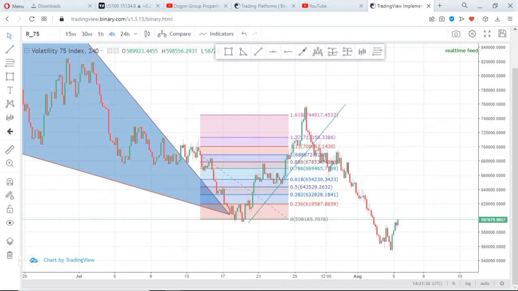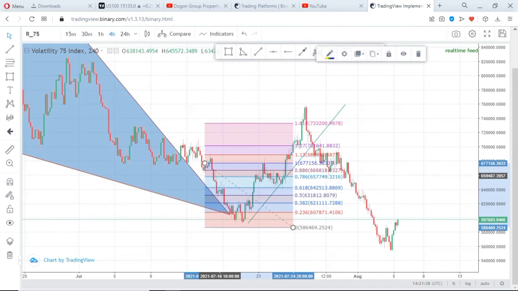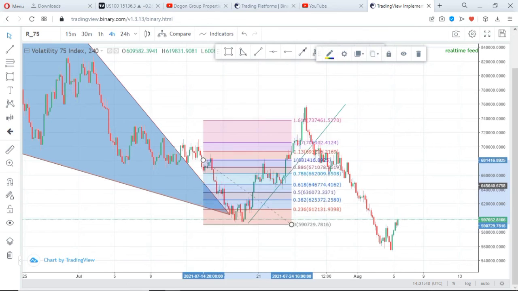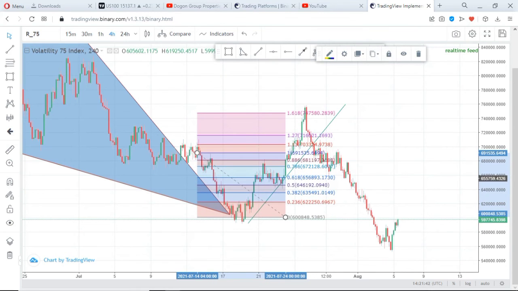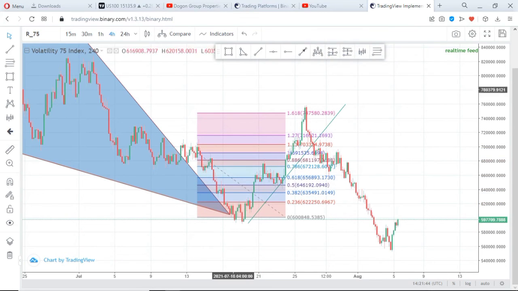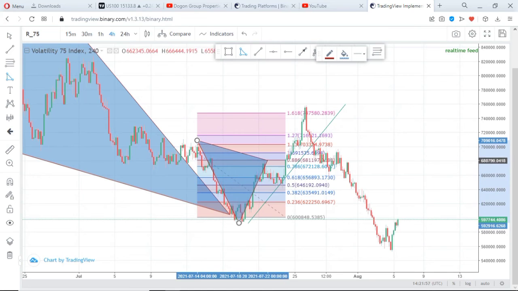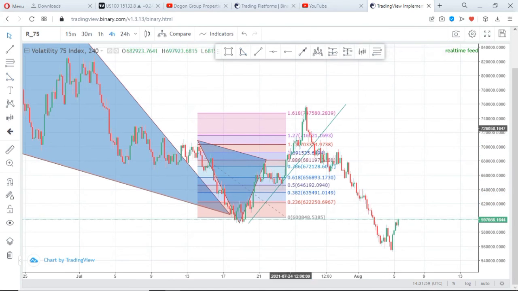Let's draw this quick. I don't have time, guys. I'm going to draw this pattern very quickly from point, where's our point X? Right there, point X to A, went up to 886.